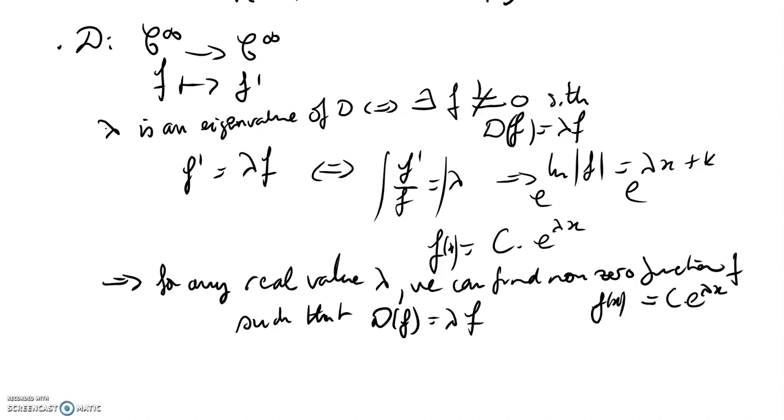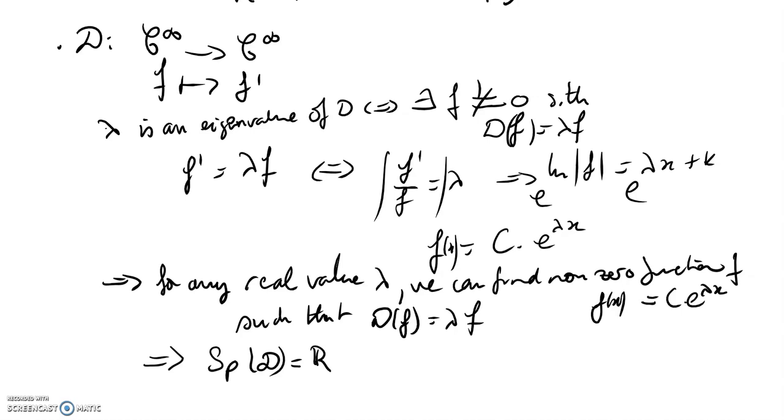That's what we said. So what does it mean? It means, first of all, that the spectrum of my map D is actually equal to R. For any real value, I can find the corresponding non-zero eigenvector, eigenfunction in that case.